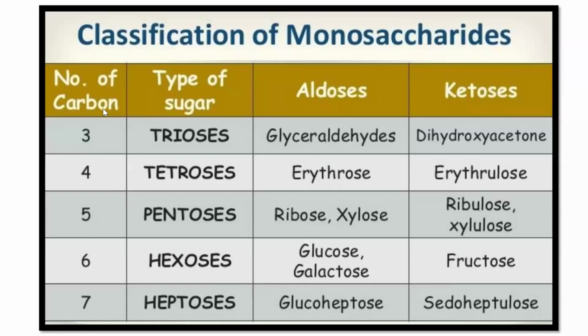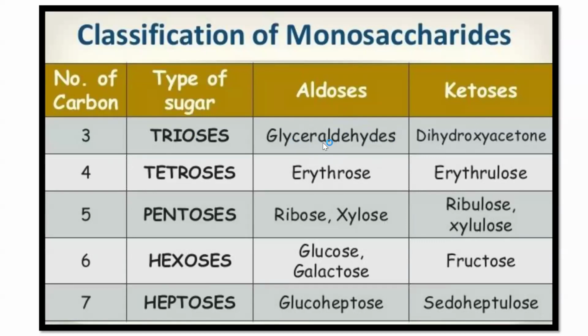So now we are going to look at the classification of monosaccharides based on the number of carbons. Those that have 3 carbons are called trioses. Examples of these trioses: we have glyceraldehyde, for those that have an aldose functional group, and for those that have a ketone functional group, we have dihydroxyacetone phosphate.